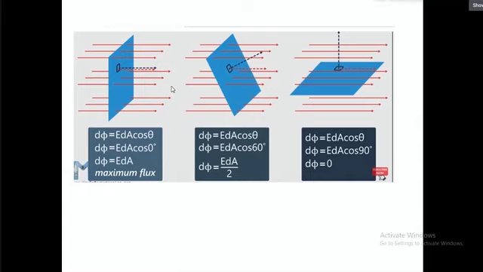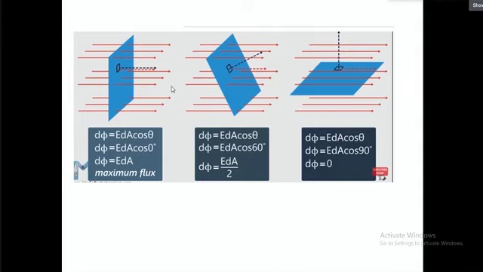That is why the angle theta is 0 in the first case, and that is why it is maximum flux. In the second case, there is some inclination with respect to the flux lines, so half of the flux lines pass through that small area.